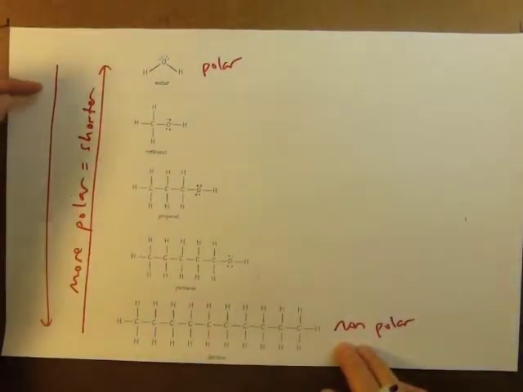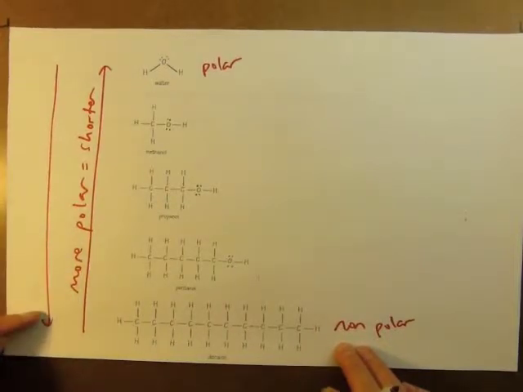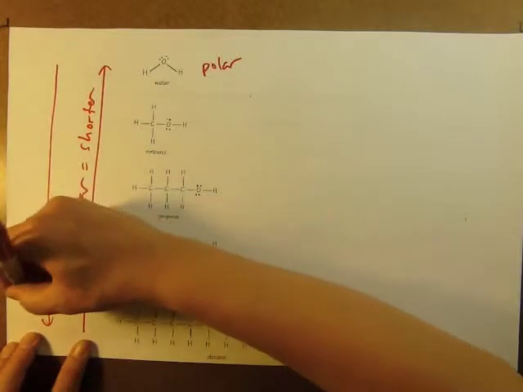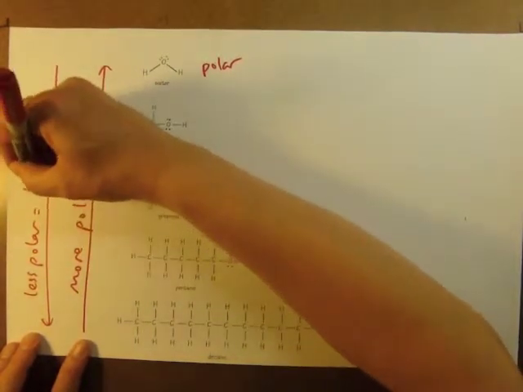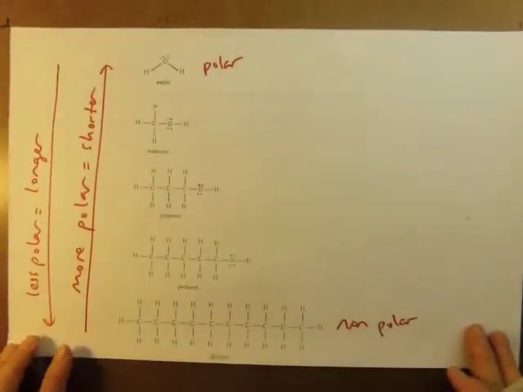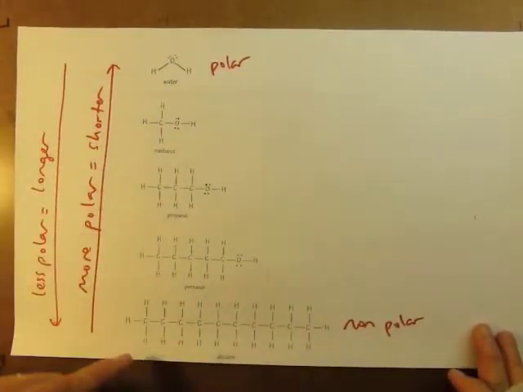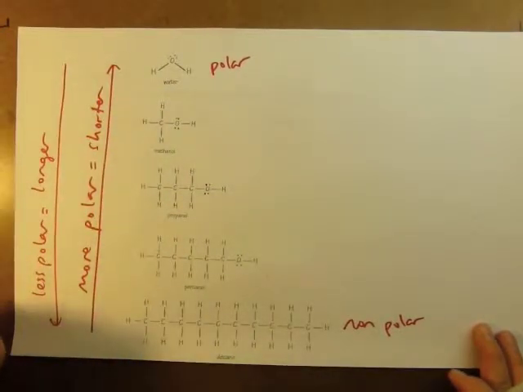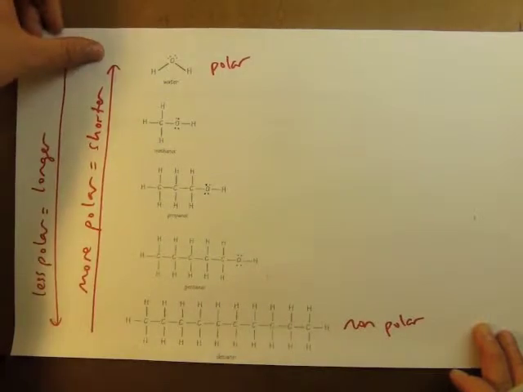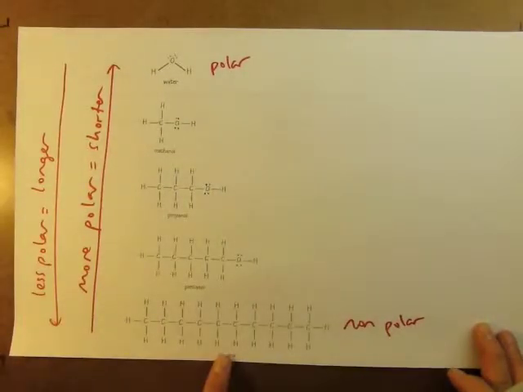But as you get longer, the longer the molecules are, the less polar they are, the more like decane they are. So less polar equals longer. The longer the molecule is, the more it's like decane and able to mix with decane. The shorter the molecule is, the more it's like water and it's more able to mix with water. If it's more like water, it's more polar. If it's more like decane, it's more nonpolar or less polar.